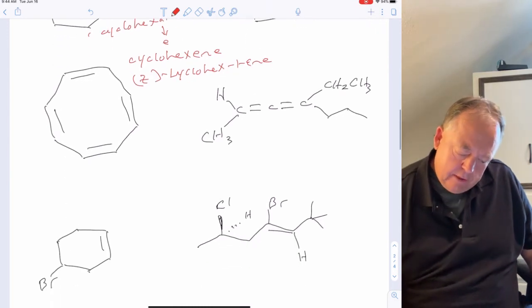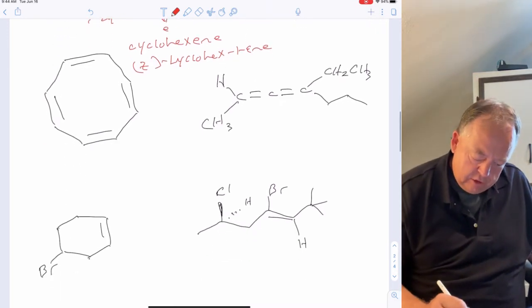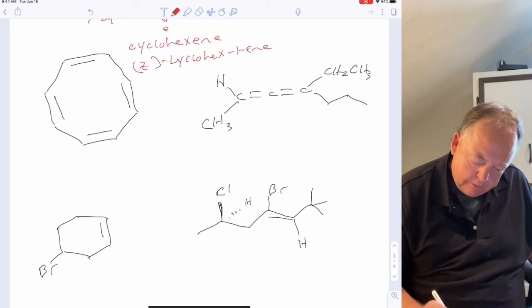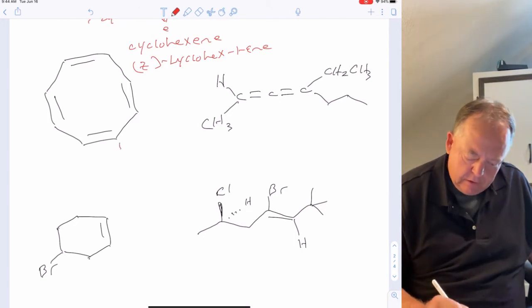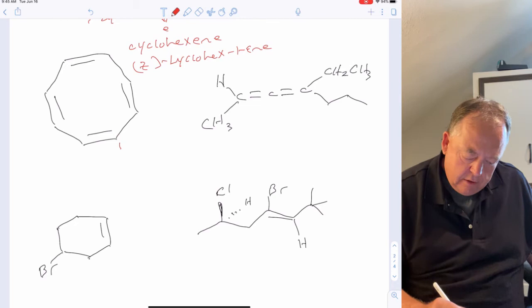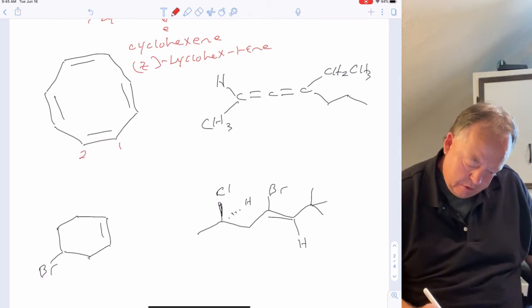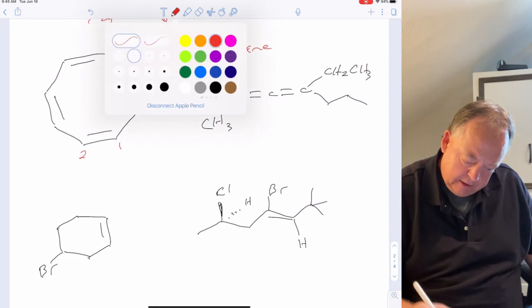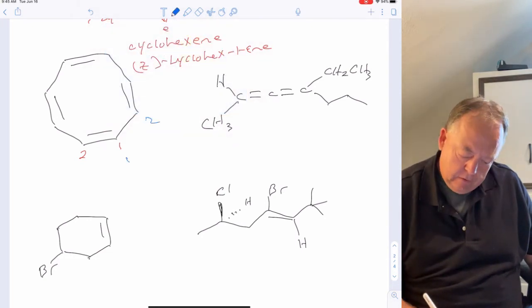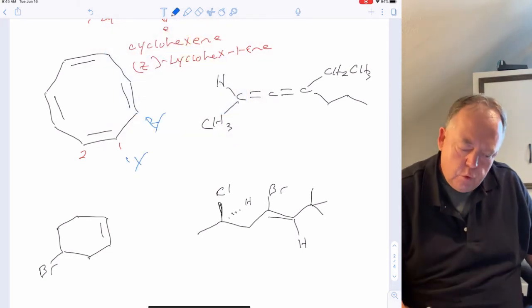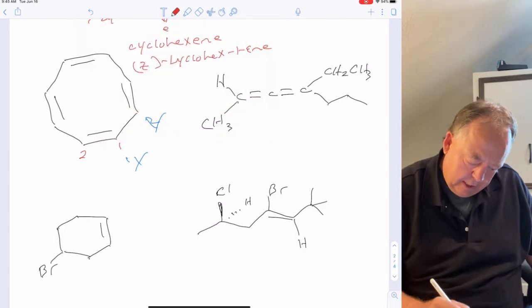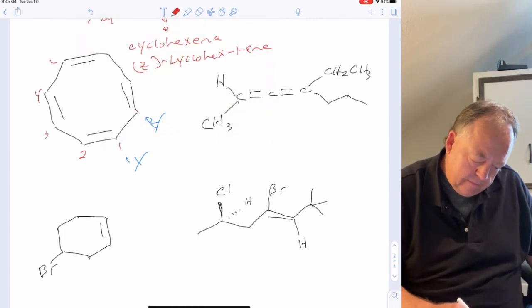Okay, so if we name this ring, it doesn't matter which carbon you pick. So if we pick that carbon though, then you have to number through the double bond. So you have to go 1, 2 that way. You can't say 1, 2 that way. You have to number through the double bond. So that would be 1, 2, 3, 4, 5, 6, 7, and 8.